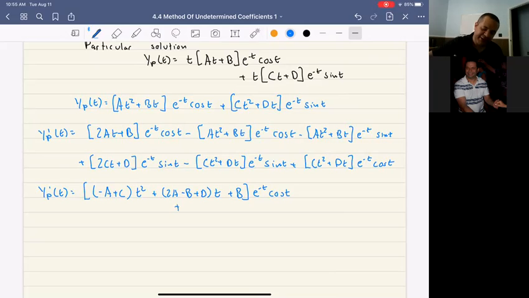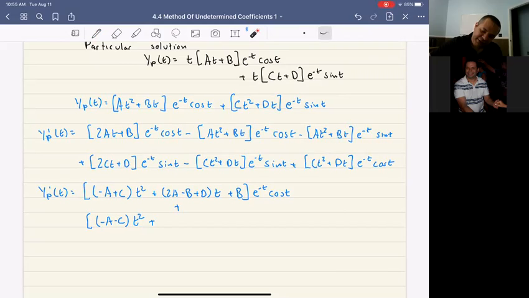Plus, let's look at the sine terms now. So the t squared: I'm going to have minus a here, minus c here. Plus the t terms.